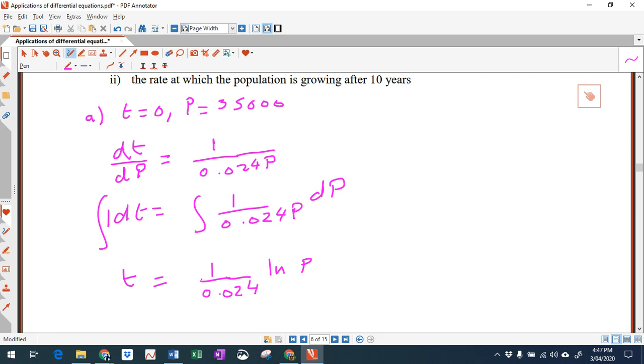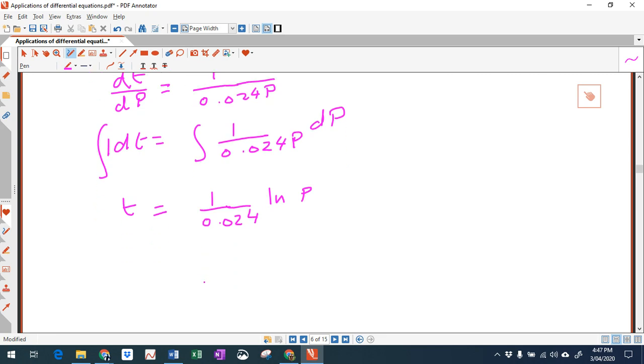I've also got to add a C there because I've integrated. I can now put the constant on the other side, and I've still got on the other side 1 over 0.024, and then log of P.